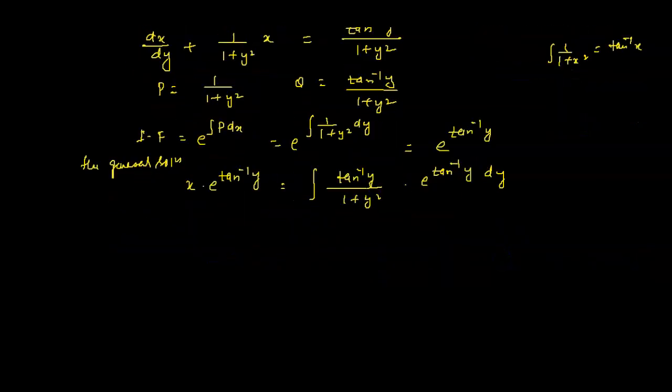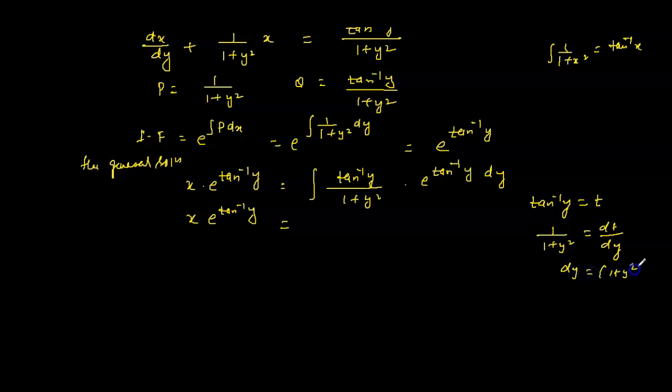Getting? Yes, sir. This one you have to do by substitution. I'll put tan inverse of y is equal to t, so 1 by 1 plus y square is equal to dt by dy. This is the substitution method for the integration.